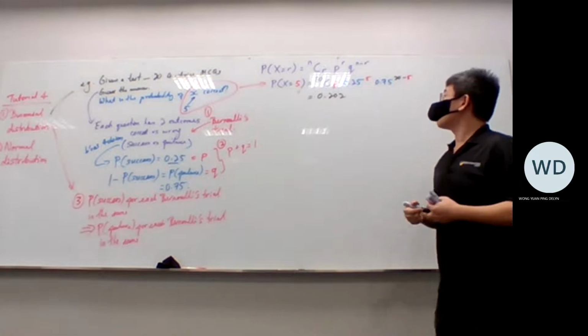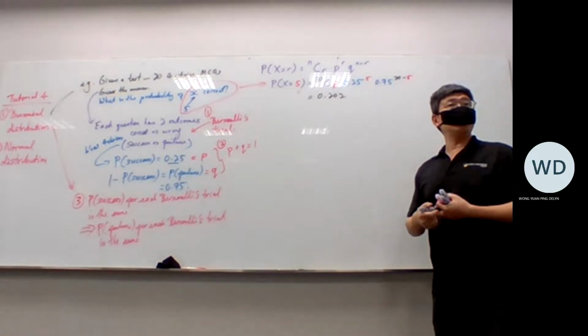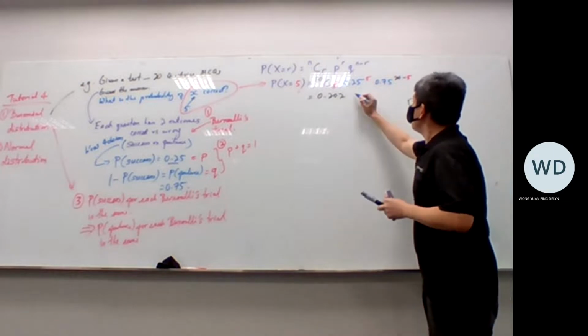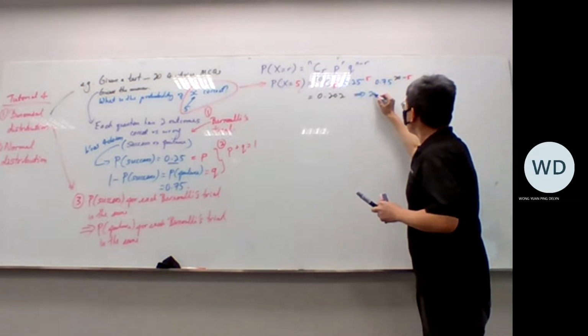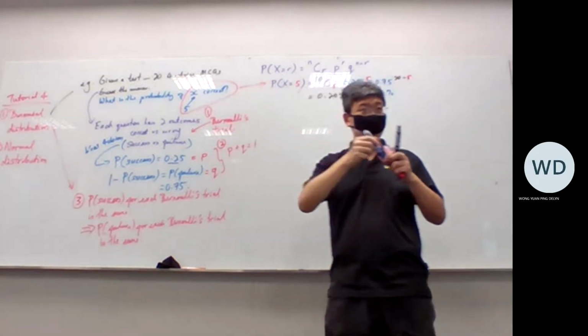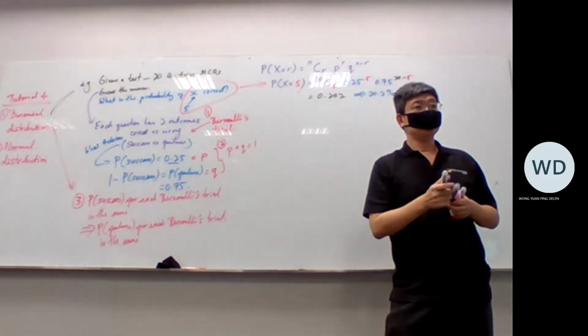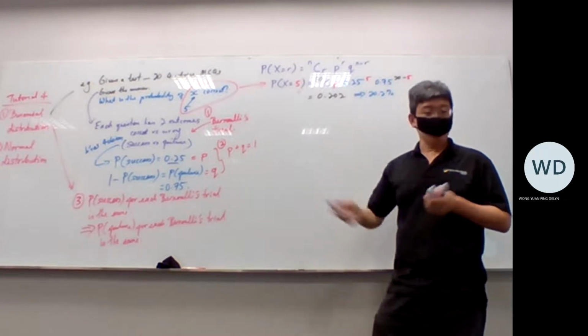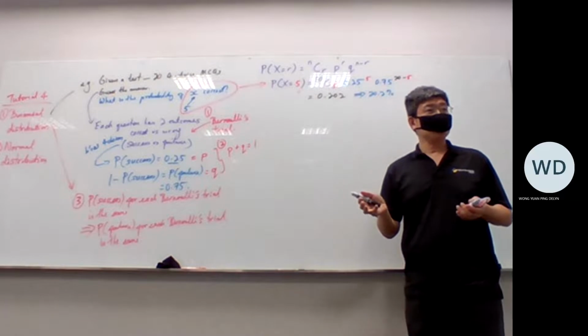Assume you press the calculator correctly. So essentially, this means that you have a 20.2% chance of getting 5 correct. Is it 0.202? Okay. So far so good.